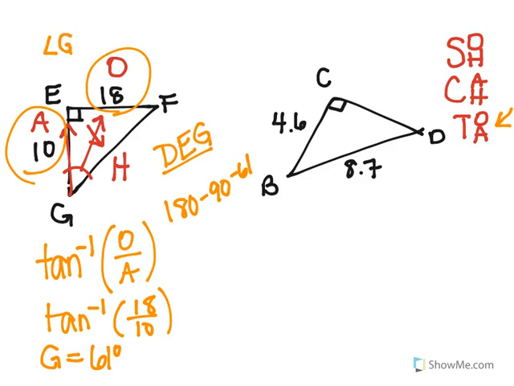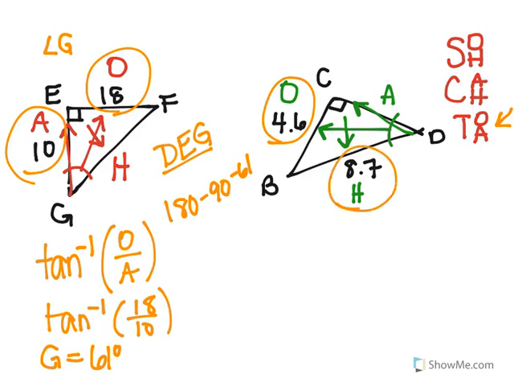Okay, for the next one we want to find both angle D and angle B. So it doesn't matter which one we start with, so let's just start with angle D. So first label the hypotenuse across from the right angle, then the opposite side, and the side we don't know is the adjacent. So we are dealing with an O and an H. If we look at our trig ratios, that is sine.